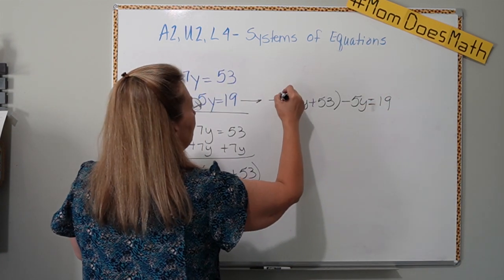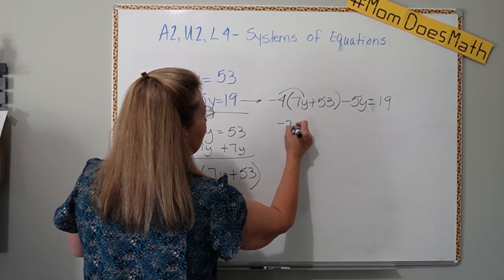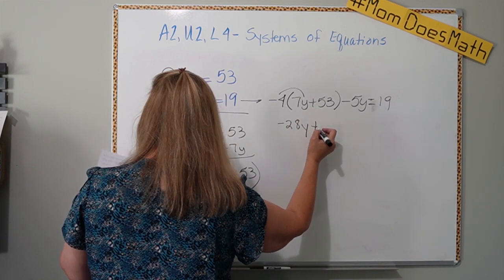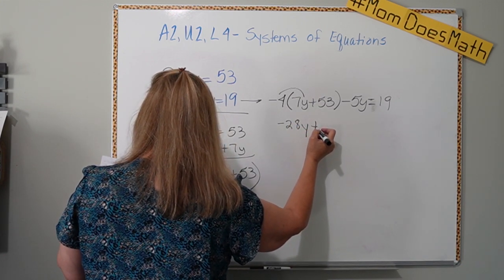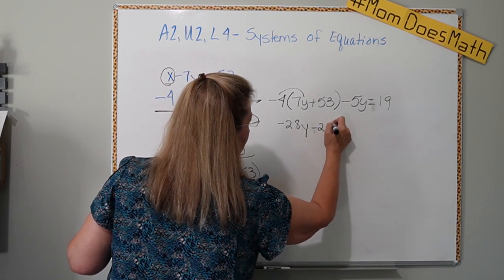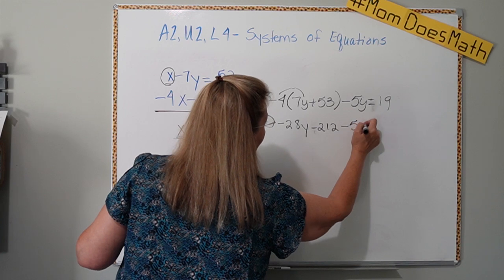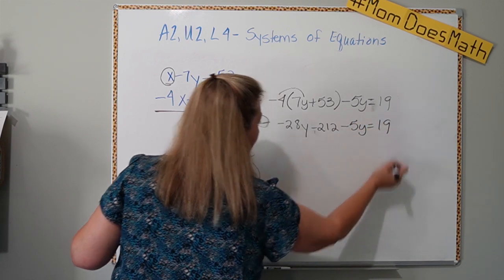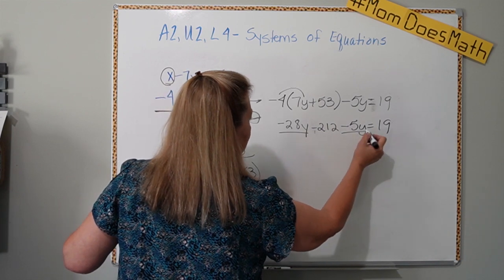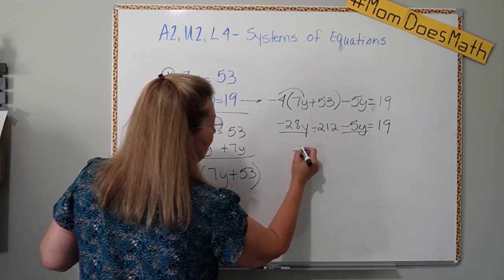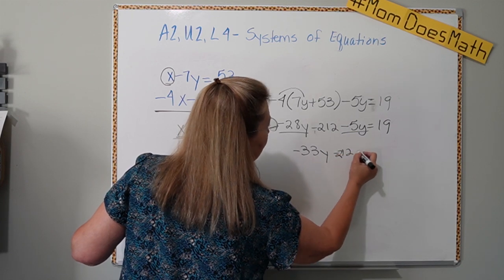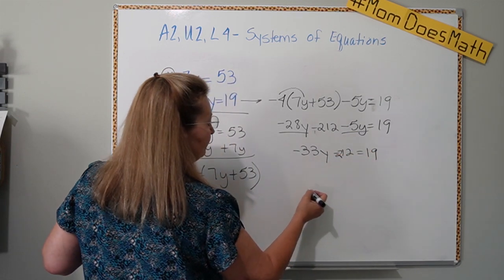Okay, and then we're going to distribute, so that's going to be negative 28y plus negative 4 times 53 is negative 212, minus 212 minus 5y equals 19.